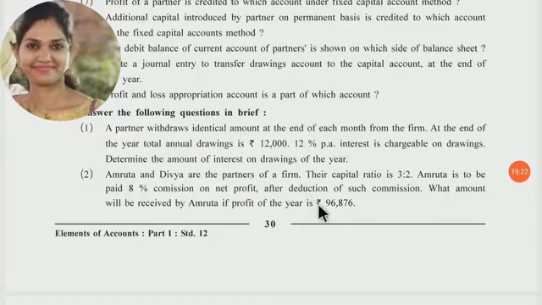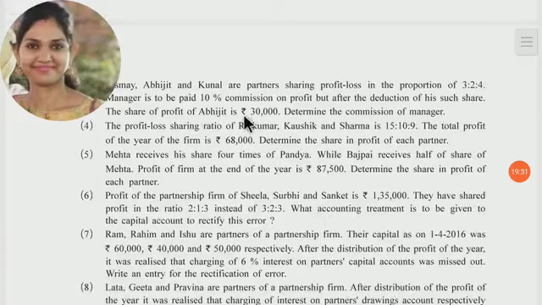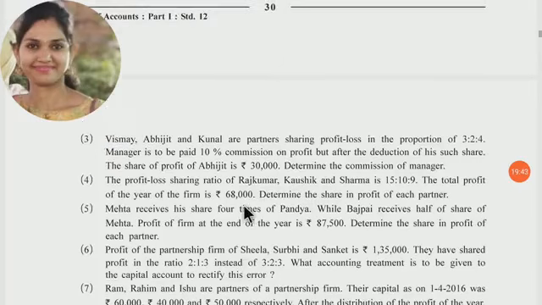Remember, when the total profit of the year or firm is given, that time we will take the 108. And when the share or profit of any partner is given, we will take only the 100 to determine the commission of the manager. Okay girls?